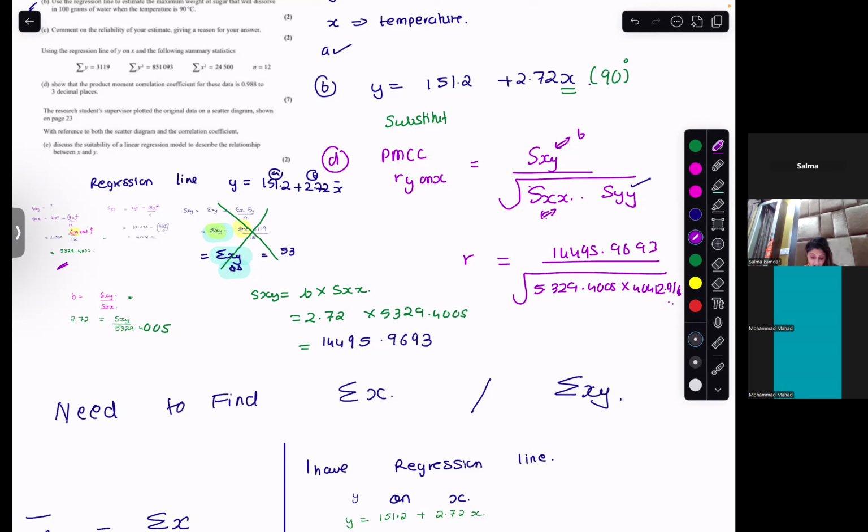So you get the r as how much? You should get your r is equal to 0.988.